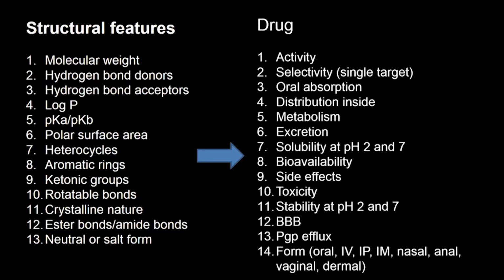So, all these features, and these are the activity, selectivity, oral absorption, distribution inside the body, metabolism, excretion, solubility at pH 2 and 7, bioavailability, side effects, toxicity, stability, blood brain barrier, P-gp efflux, form. So, all these are decided by the structural features.